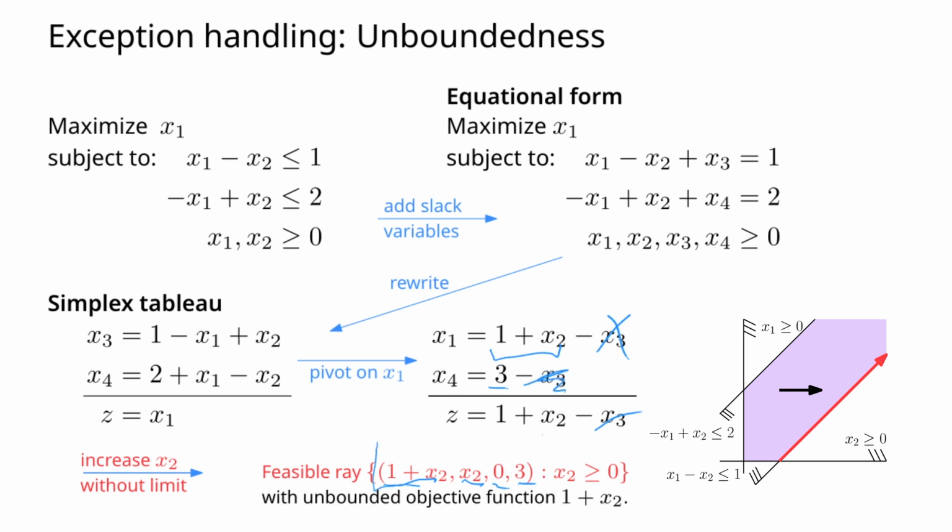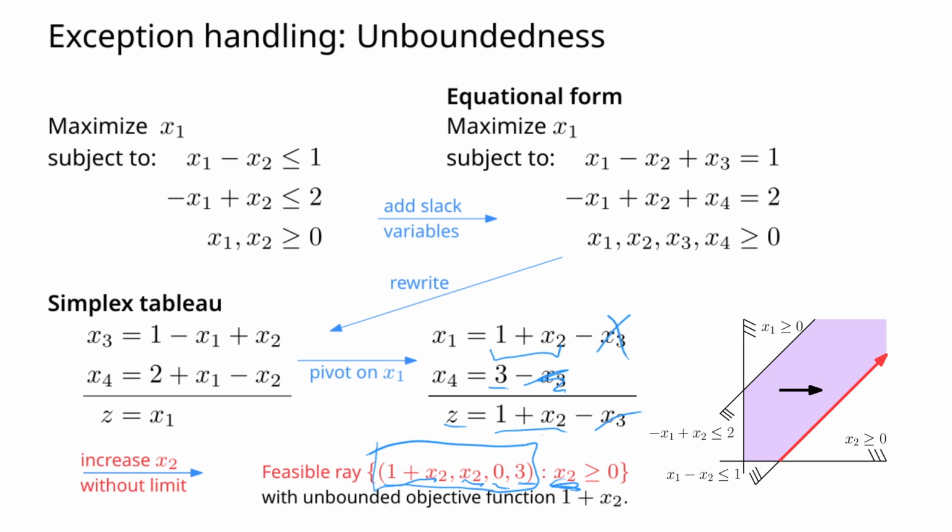So we get this array, which is within my set of feasible solutions, where I can make x2 arbitrarily large, and the objective function is 1 plus x2.